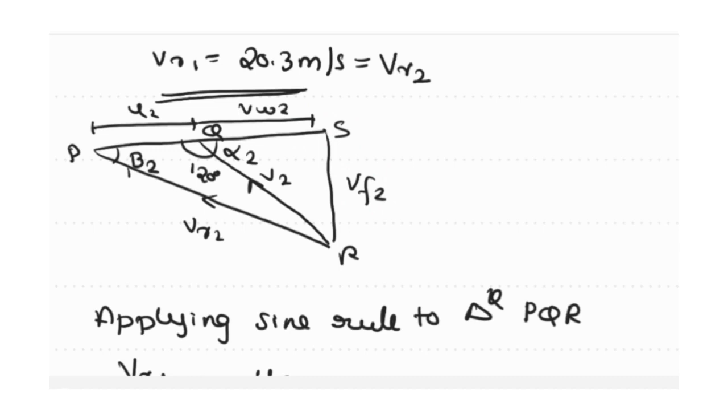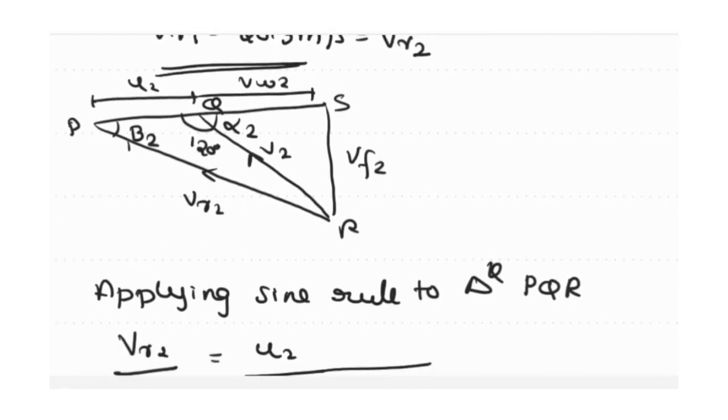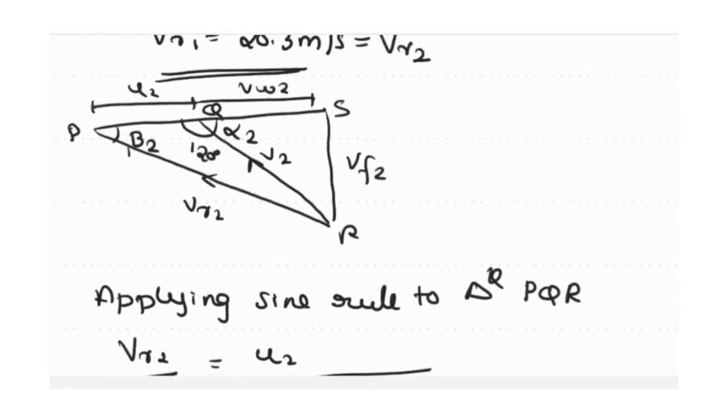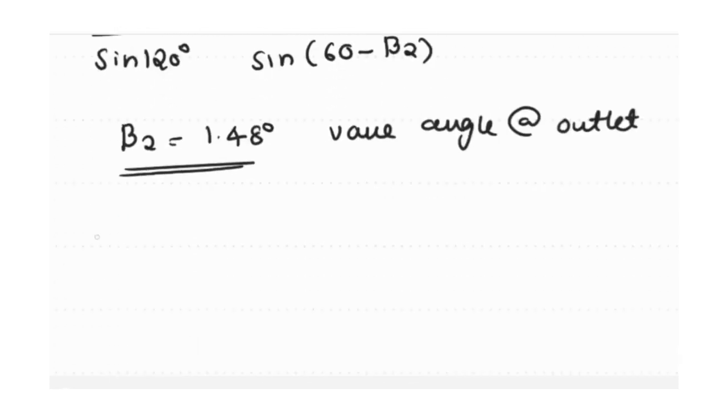Here we can calculate the value of VW2 by applying cos beta to the triangle SPR. That is cos of beta 2 is equal to the adjacent side, U2 plus VW2, divided by the hypotenuse VR2.